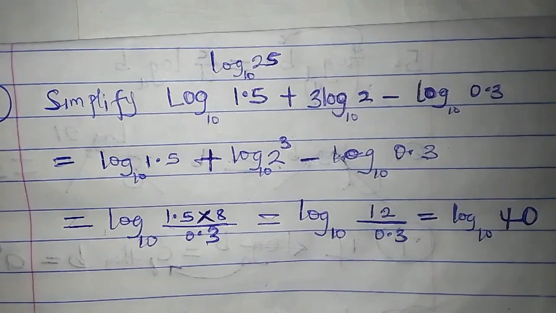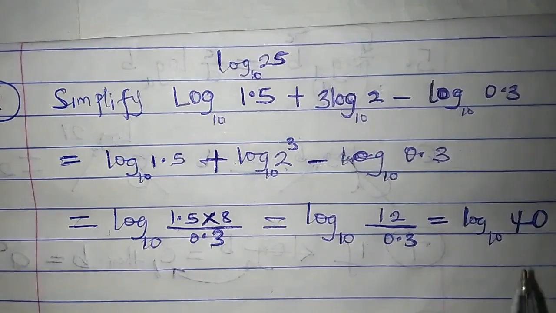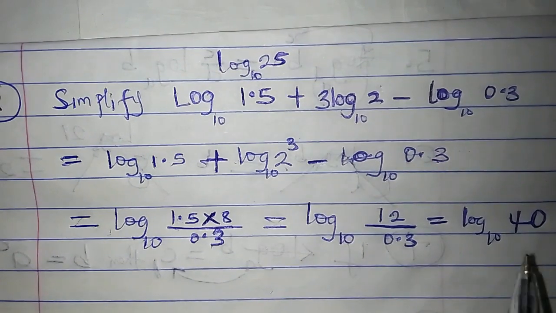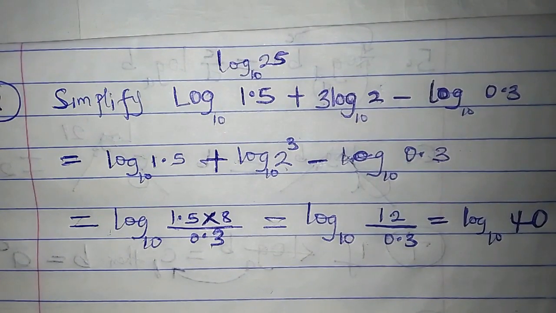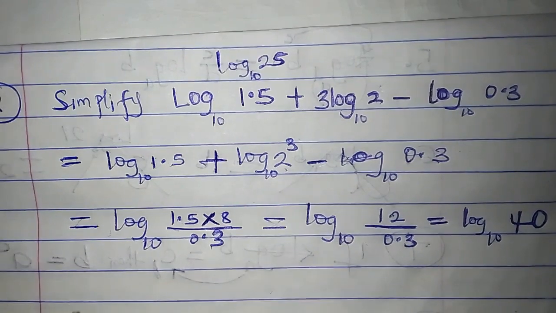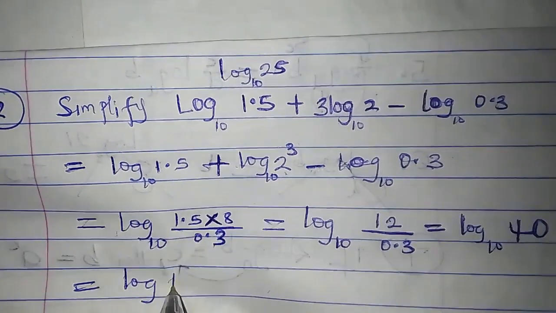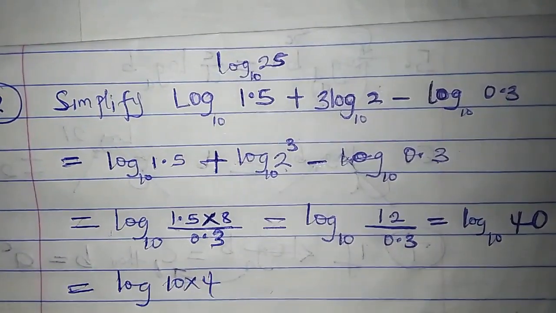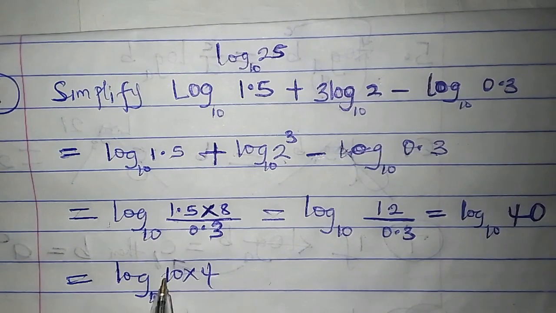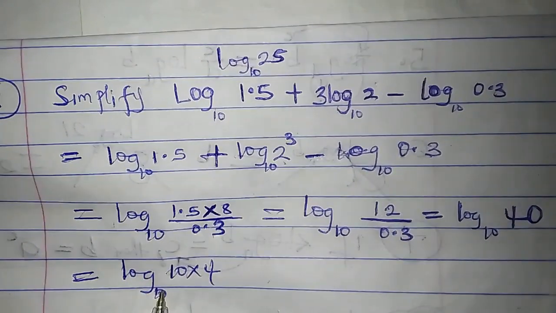Now, I can still break this log down further because 40 is equal to 10 times 4, of course. So this is the same thing as saying log of 10 times 4 to base 10.